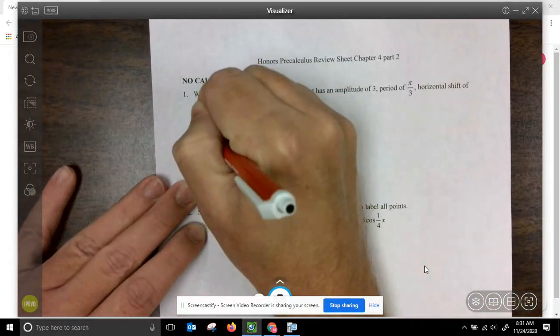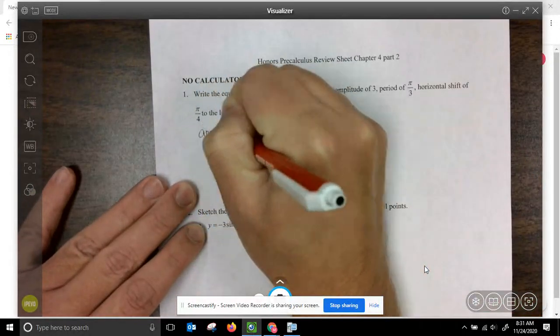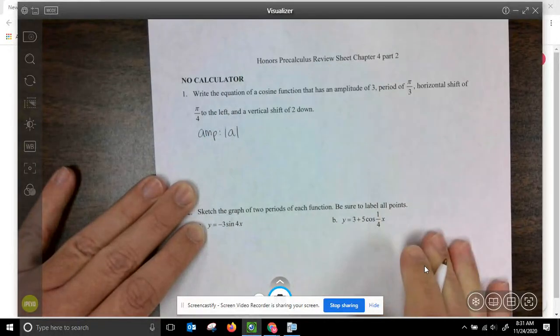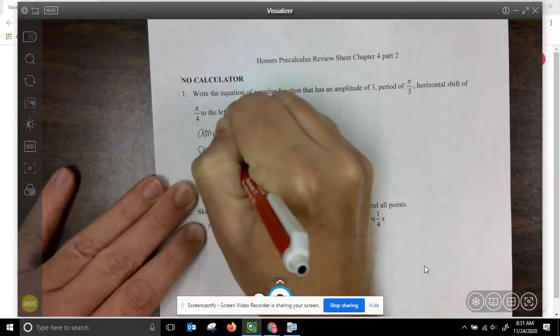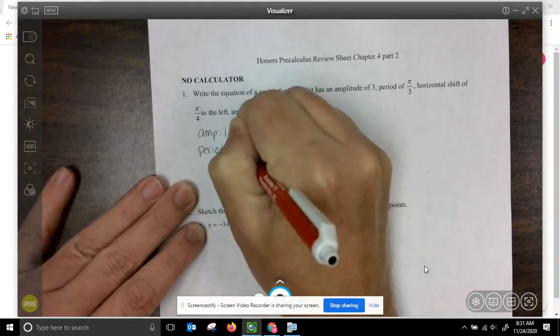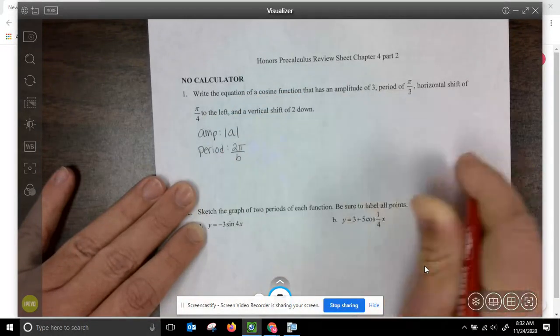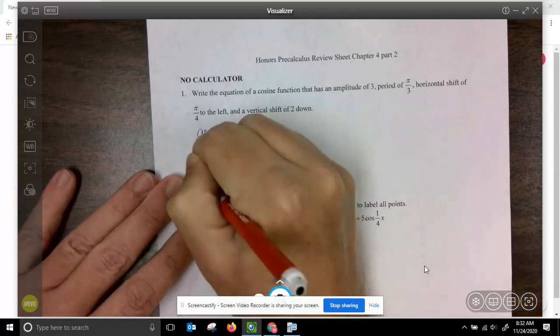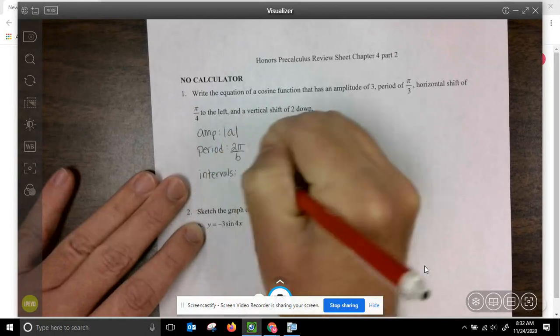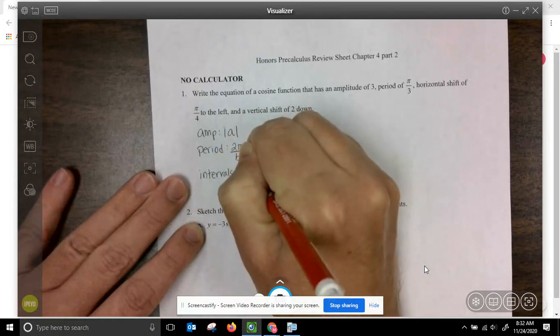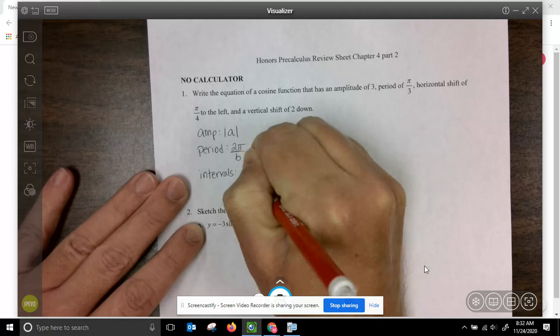So remember that our amplitude is the absolute value of A. Our period is 2 pi over B. Our intervals, although we won't need them for this problem, are the period divided by 4.